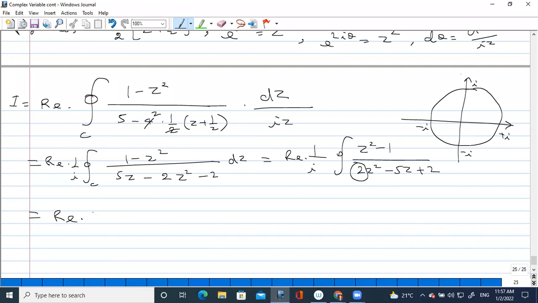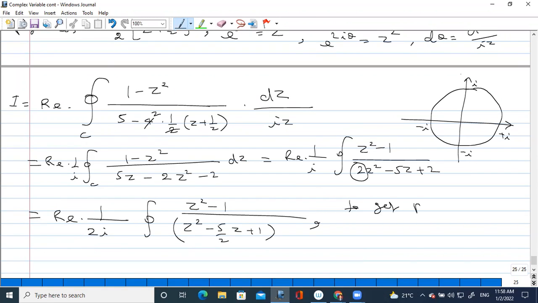So it will become real part of 1 upon 2i, integral z square minus 1 divided by z square minus 5 by 2 z plus 1. Okay, so this is your denominator from where we want to get the pole.